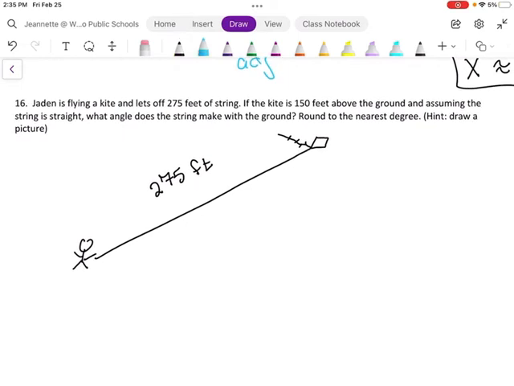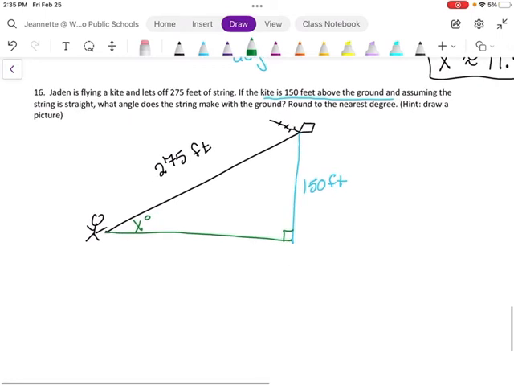There's Jaden. And they also tell us the kite is 150 feet above the ground. So here to here, that is 150 feet. And assuming the string is straight, what angle does the string make with the ground? So here we go. And we're looking for this angle over there.